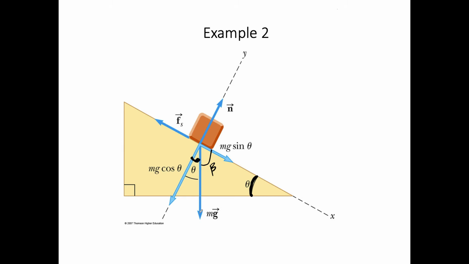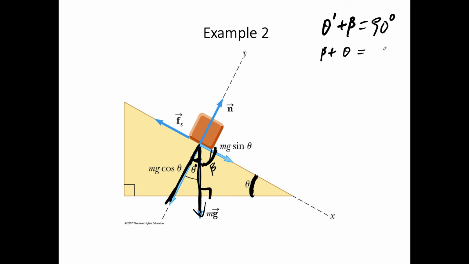The angle between gravity and the negative y direction, let's call it theta prime, plus beta equals 90 degrees, right? And we also have beta plus theta is 90 degrees, since this is theta and this is beta, inside a rectangle.